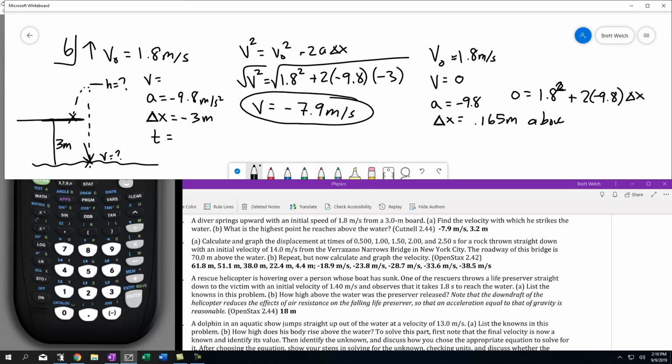Well, we said 0 was going to be right here at the board, above the board. That's where we measured everything from. So if I add that to 3 meters, we get roughly 3.2 meters. And that's how high above the water the person is at their high point.